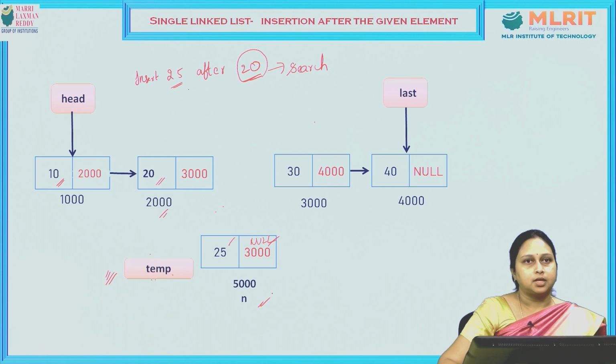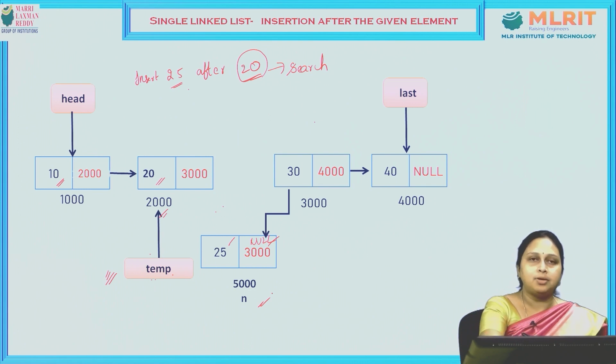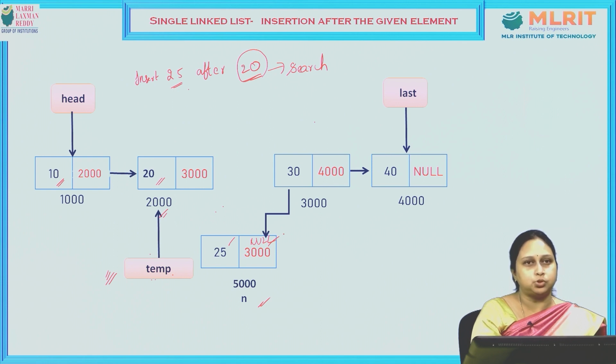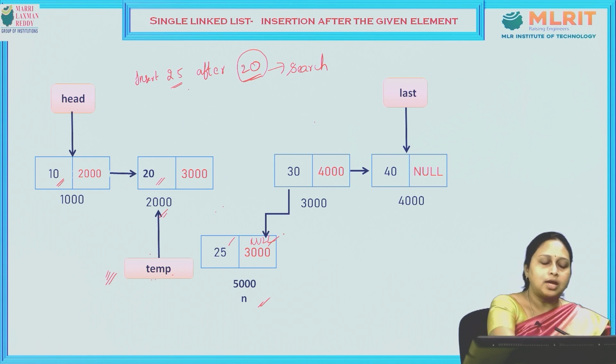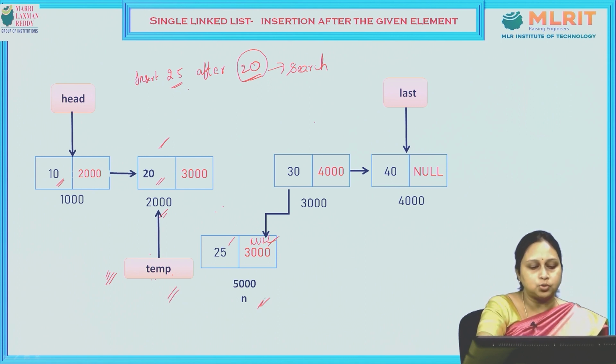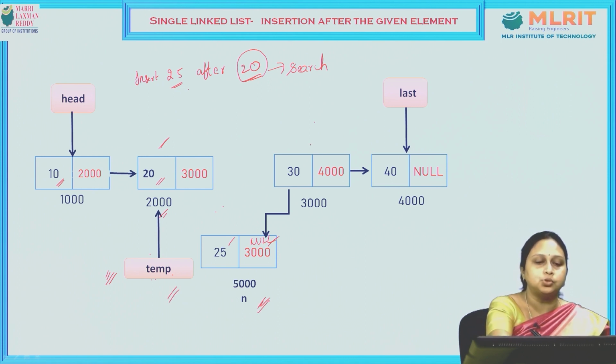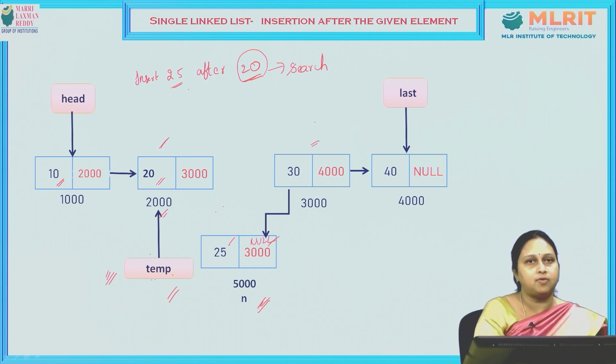Okay. Now temp is pointing to this location. Now we need to establish the link between the new node which we have created and the existing nodes. For that we need to identify the names of these nodes. Yes, we know that the name of this node is temp and the name of this node is n. Then what is the name of this node? This has to be identified when I want to establish the connections, right?